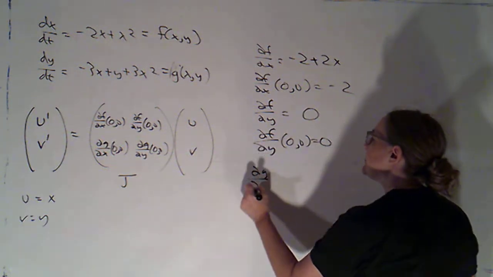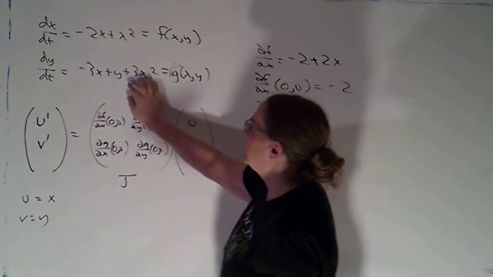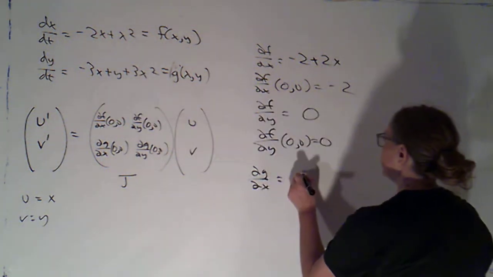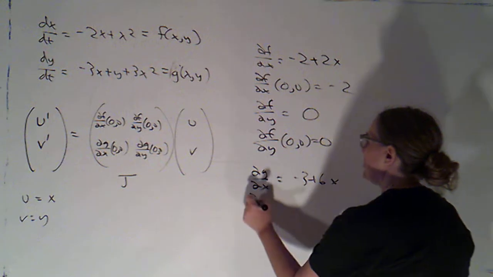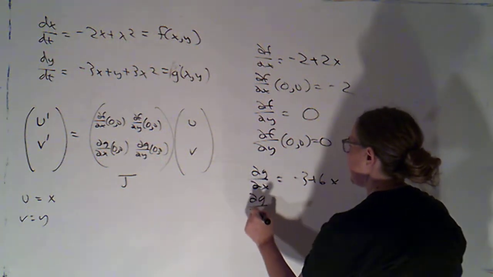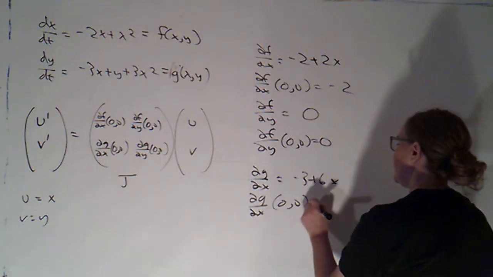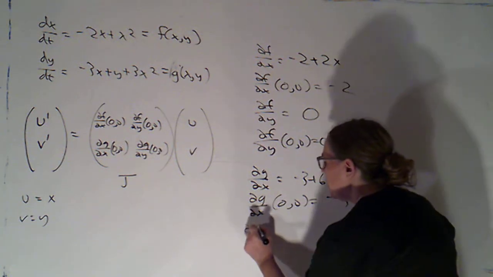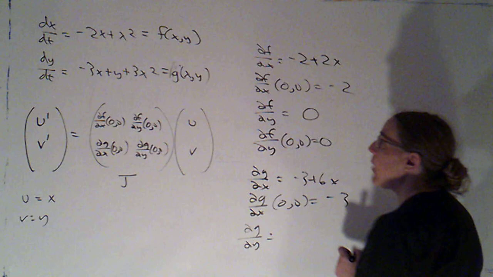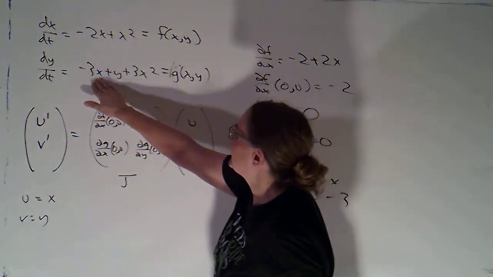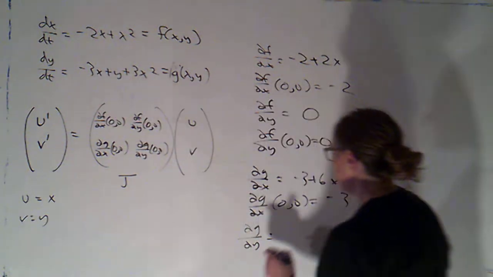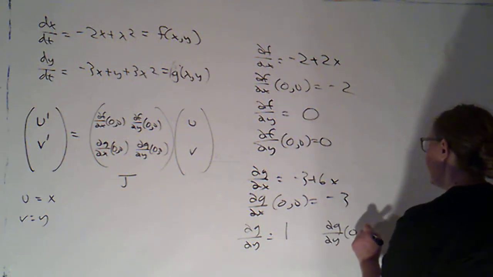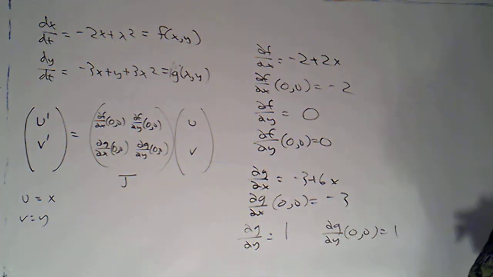Partial of g with respect to x. So I'm going to get negative 3 plus 0 plus 6x. Partial of g with respect to x at the origin, then, is just going to be negative 3. Partial of g with respect to y is going to be 0 plus 1 plus 0. That's going to be 1. And of course, if it's 1 everywhere, then in particular, it is 1 at the origin.